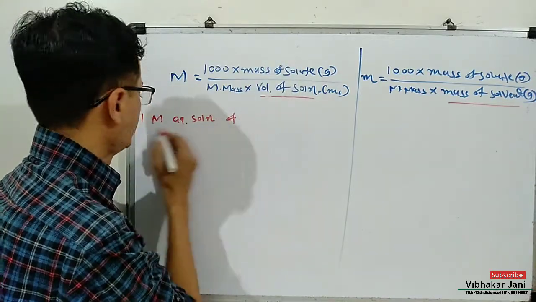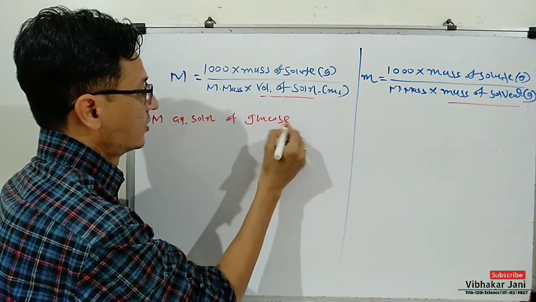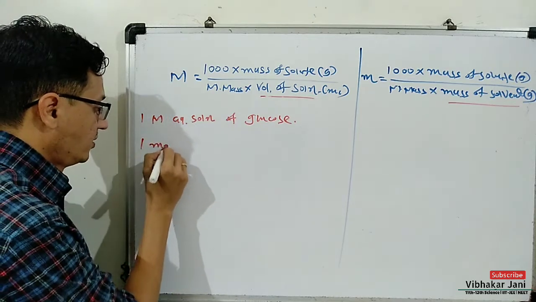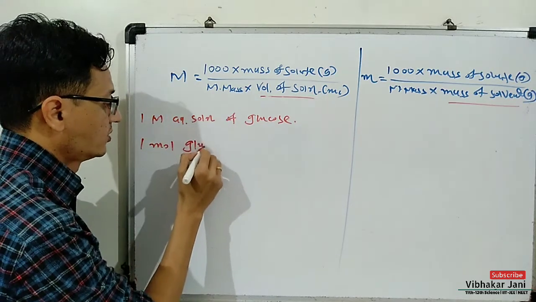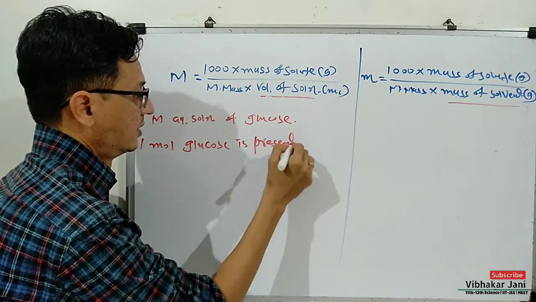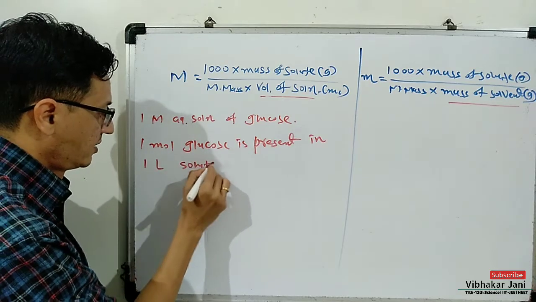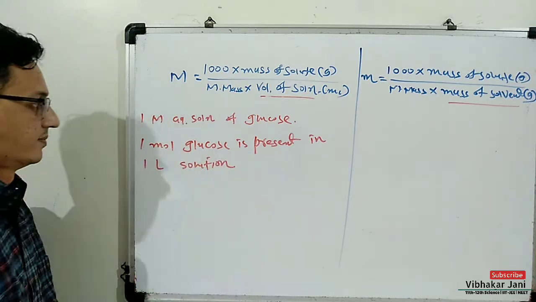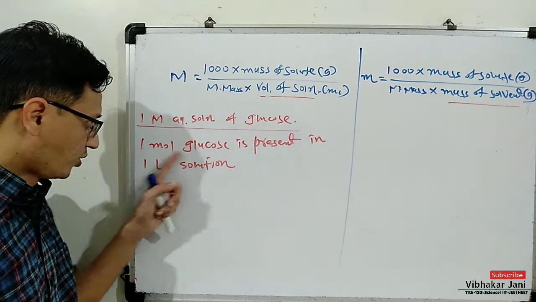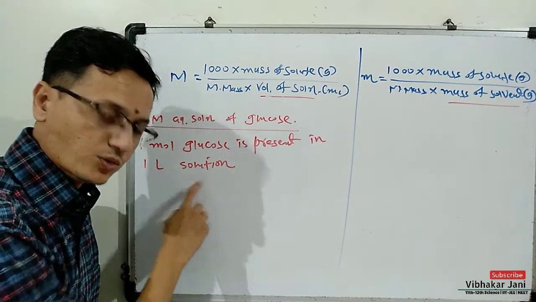That means 1 mole glucose is present in 1 liter solution.